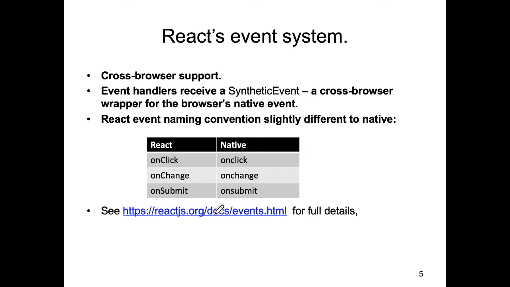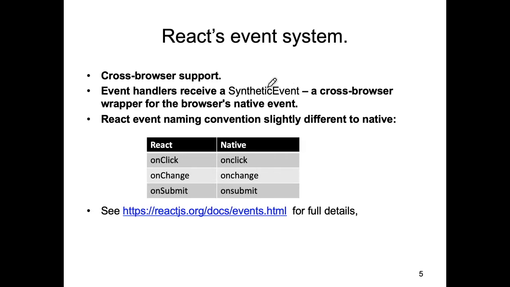So for that reason, the React engine itself catches the event that happens within the browser, and it wraps it in a React generic event, and the React generic event is called the synthetic event. And it's these synthetic events that you write your code against.